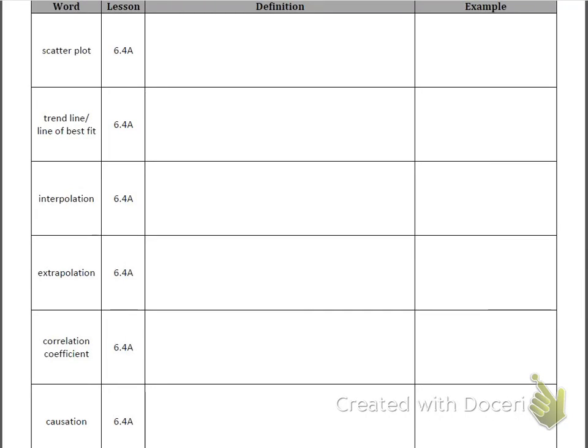A scatter plot is a graph that relates two different sets of data by displaying them as ordered pairs.